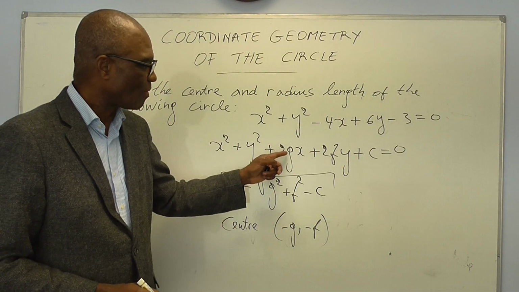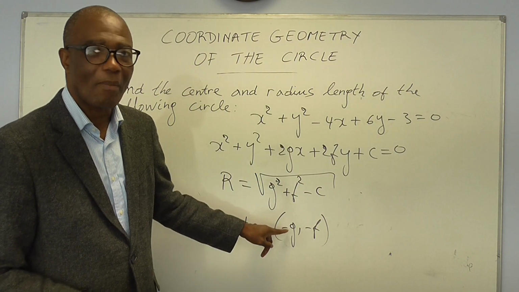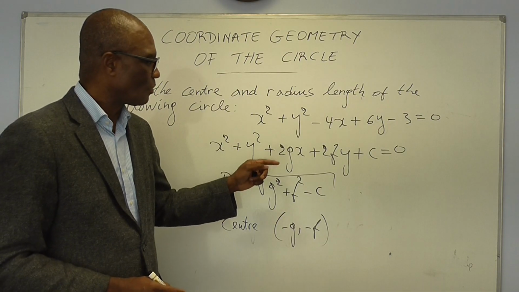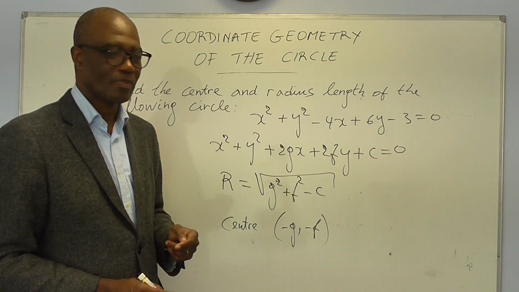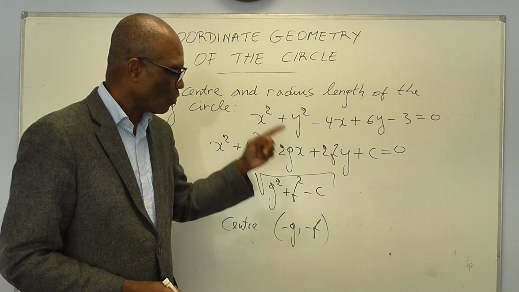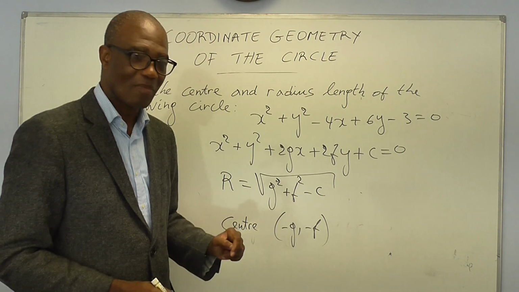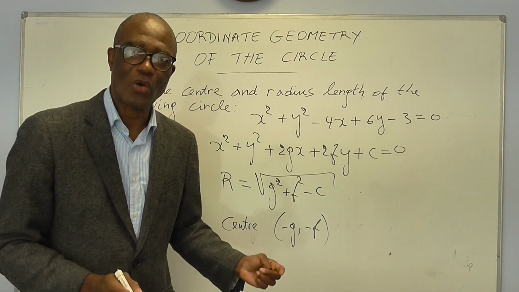That means if g is, for example, 4, we put there minus 4. If g was minus 4, we get there plus 4. And if f is 6, for example, we put minus 6. If it was minus 6, we put plus 6.